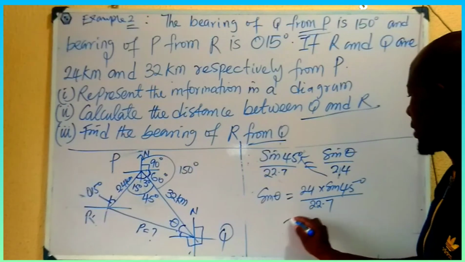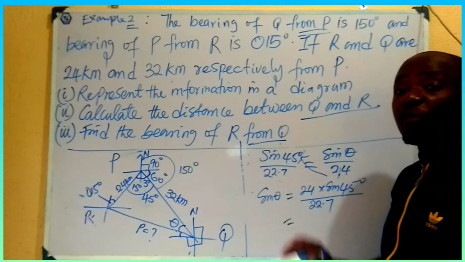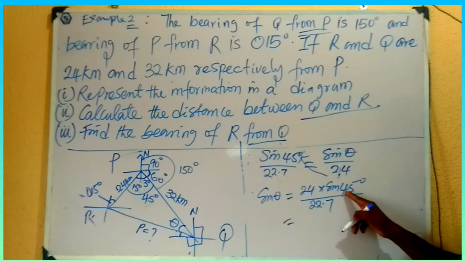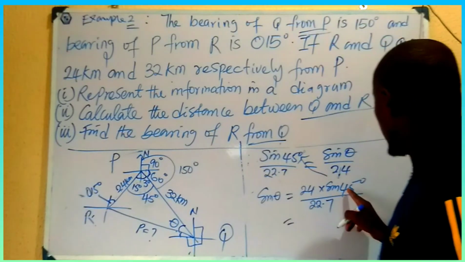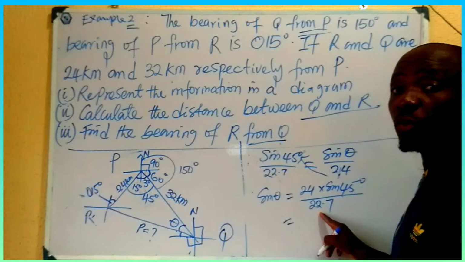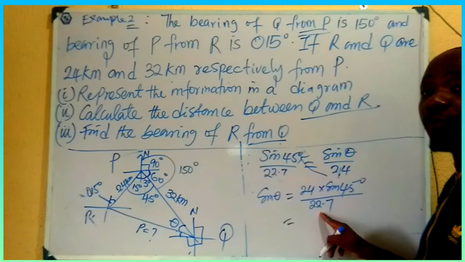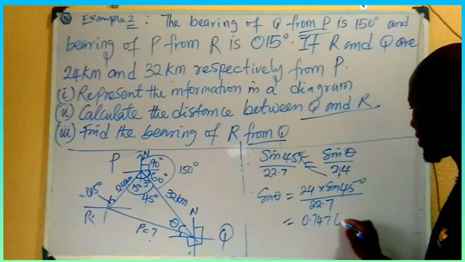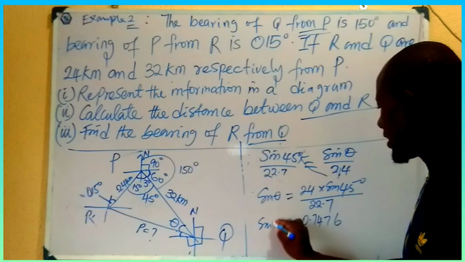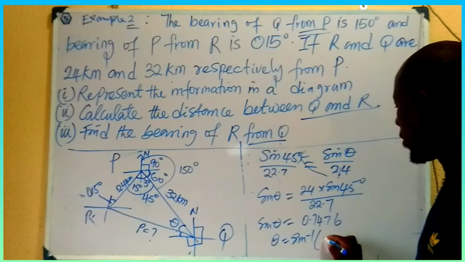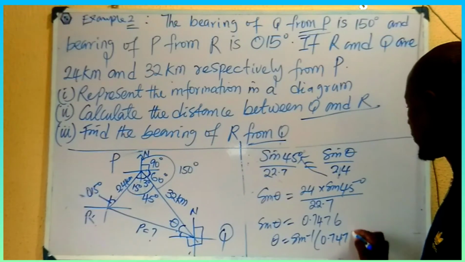Now if you perform everything here, using your calculator, sine 45 multiplied by 24 divided by 22.7, everything will give you 0.7476. That is sine theta. So theta is equal to the sine inverse of 0.7476.